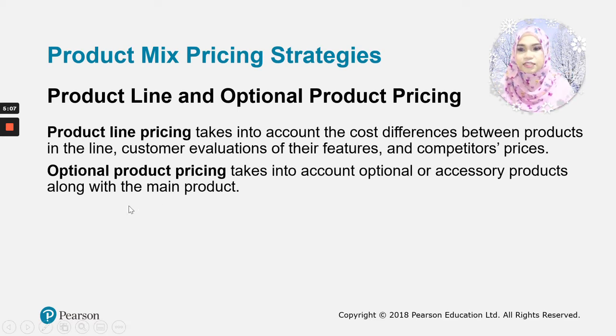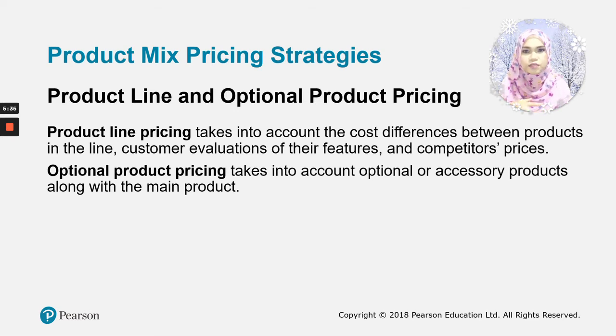Next is the optional product pricing, which takes into account optional or accessory products along with the main product. This is whereby typically it comes together, you bundle it, what they call PWP. If you go to the supermarket or some grocery stores, you will be able to see PWP, especially at Watsons or Guardian.